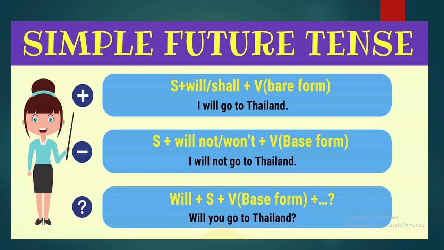Next year, he will be 11 years old. Yeah, that's a fact. And in the negative form, as I told you, we focus on the negative form too. We add not. And when we make a question, we use will as a helping verb.